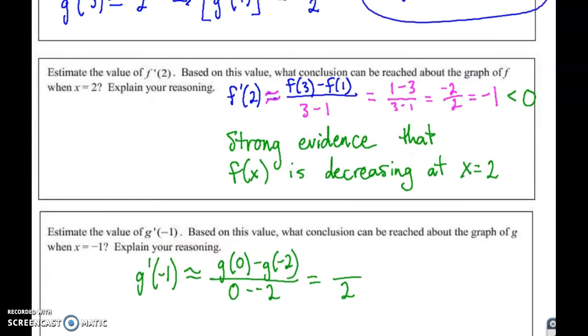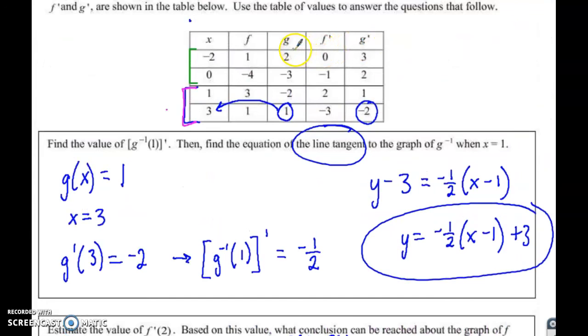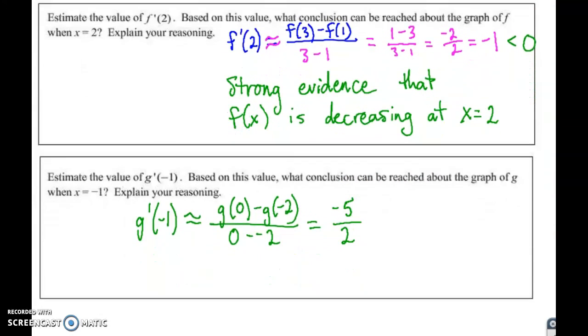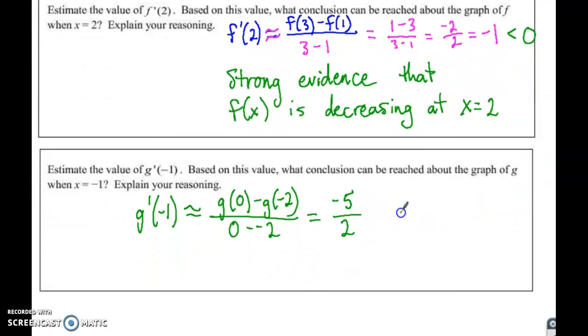Well, looking at the top, g of 0 was negative 3 minus 2. But again, it looks like there's strong evidence that g is decreasing at x equals negative 1.